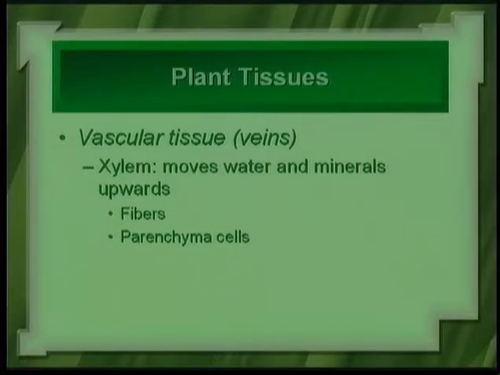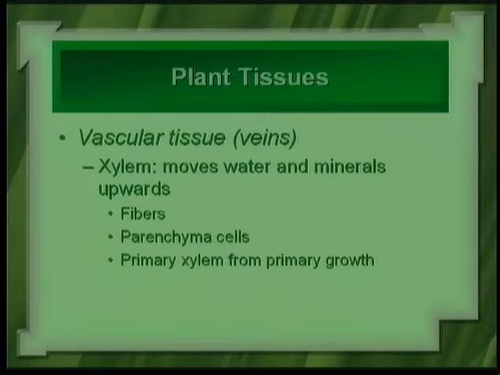This vascular tissue, xylem, is comprised of fibers and also parenchyma cells, as well as tracheids and vessel elements. So xylem is comprised of those four different types of cells: parenchyma cells, fiber cells, tracheids, and vessel elements.